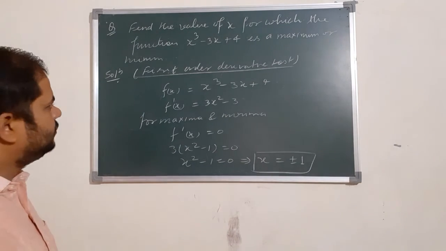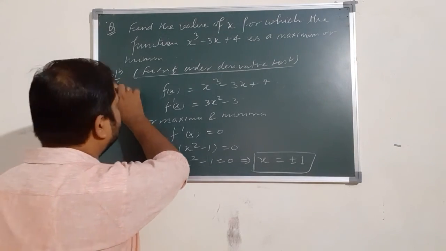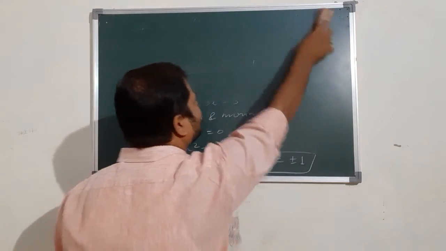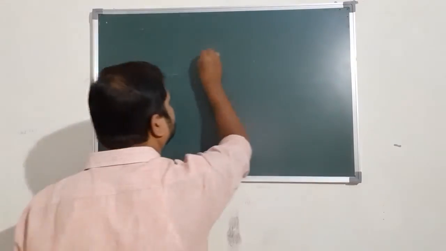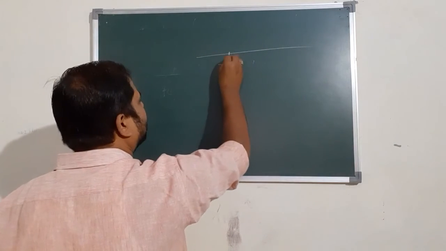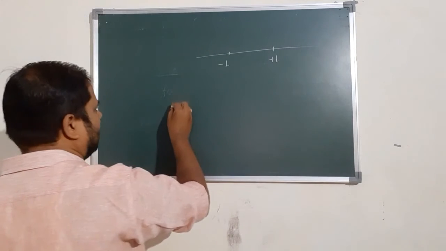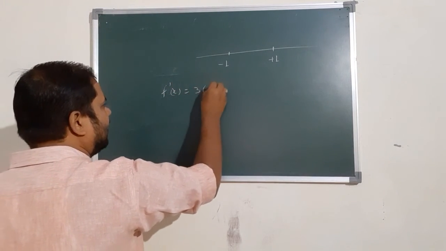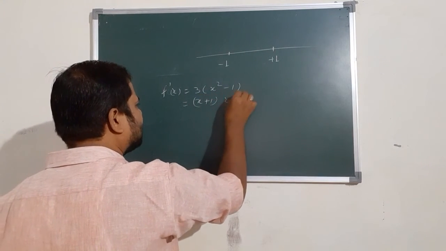So see, we use the wavy curve method here. There are 2 points, x is equal to 1 and minus 1. So this is minus 1 and this is plus 1. And you know f dash x, that means 3 times x square minus 1, that means 3 times x plus 1, x minus 1.